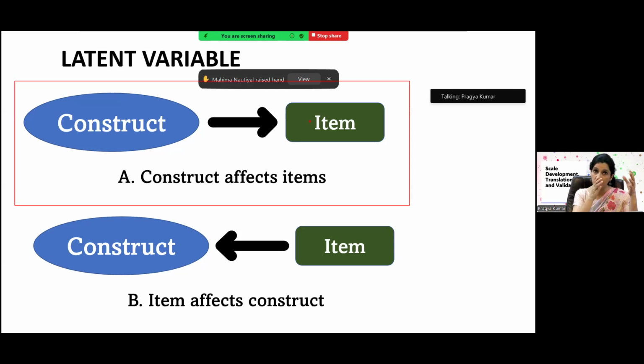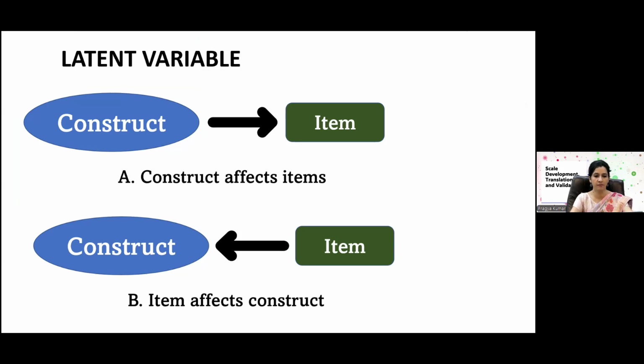So this construct is affecting the item. So that's why you will say that item is a dependent and construct is an independent. Remember, depression is independent and the item, like I feel low most of the time, that is my dependent. So please remember this.